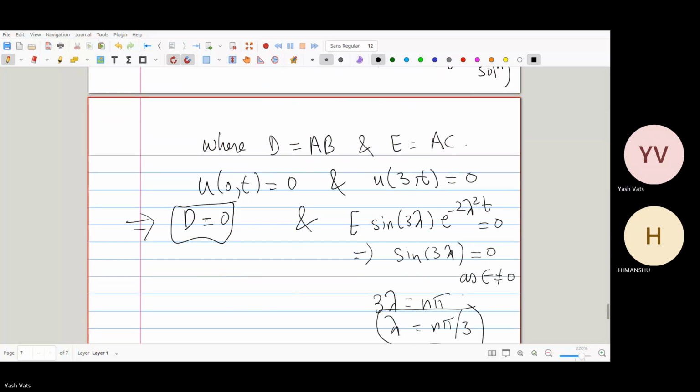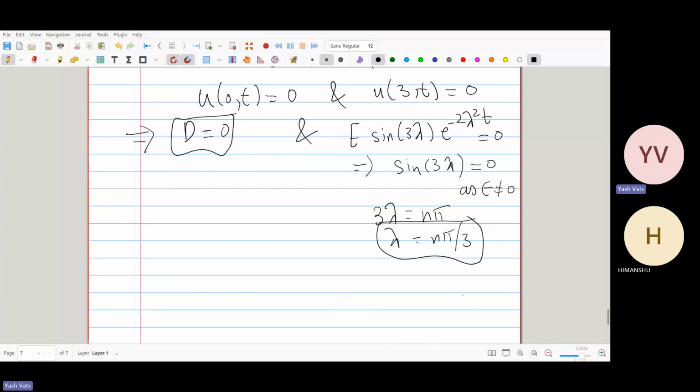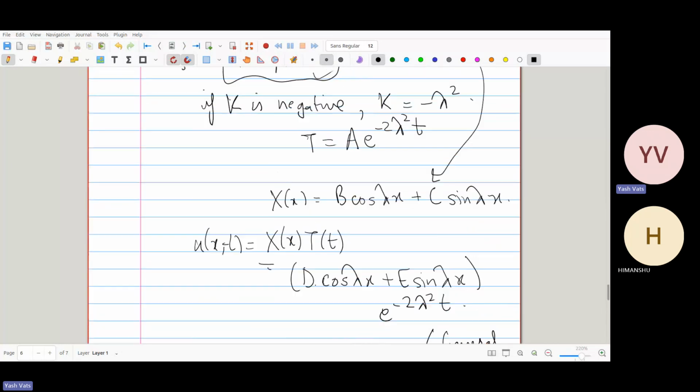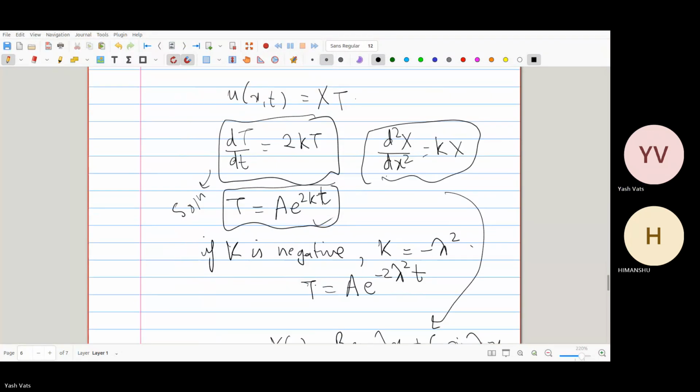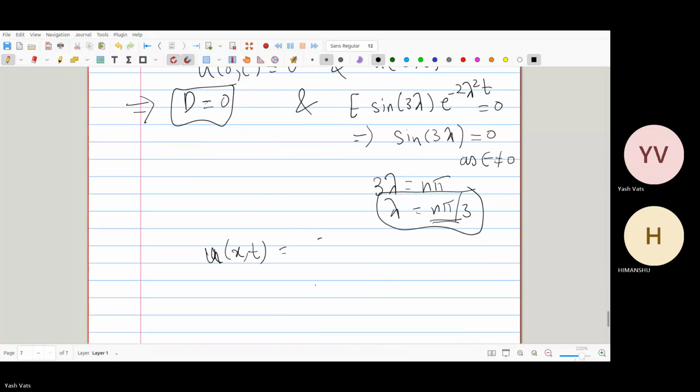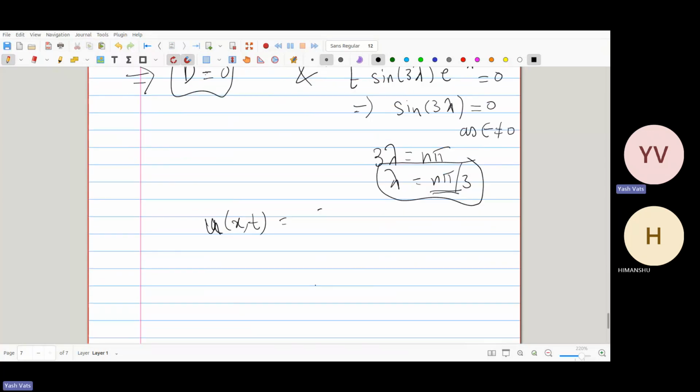All right. So you know lambda now, so you know what u(x,t) is now. So lambda is n pi by 3, and what is e in this case? E is a times c. K is something like this, minus lambda square. Okay, so what is u(x,t) now?